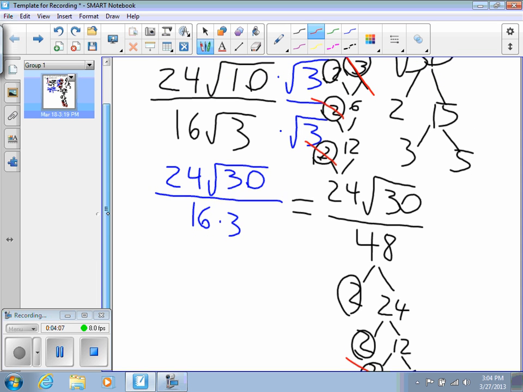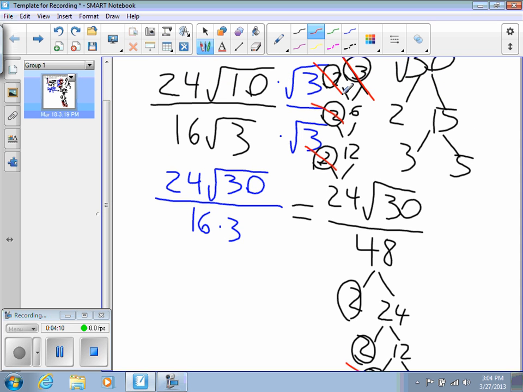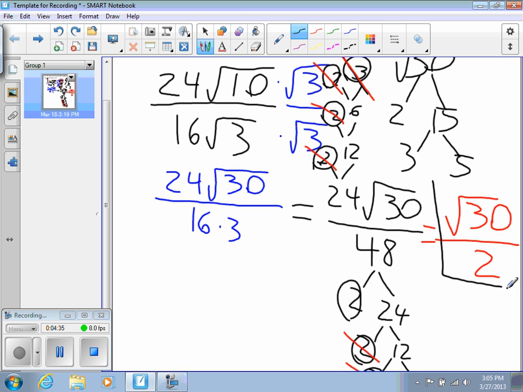Moving up some more, there's a 2 here and a 2 here. Everything on the top cancels, leaving me with just my square root of 30. And on the bottom, everything canceled except for this 2. So this simplifies to the square root of 30 over 2.